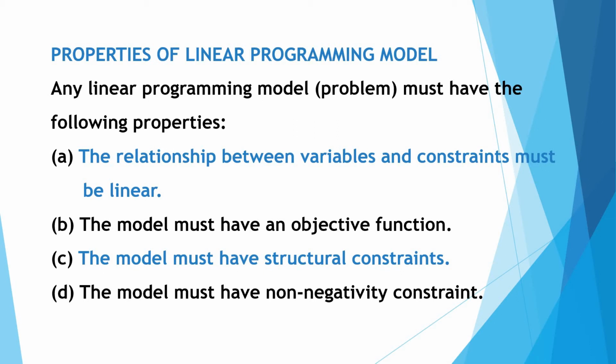First one, the relationship between variables and constraints must be linear. And that topic itself says linear programming. The model must have an objective function. The model must have structural constraints, and the model must have non-negative decision variables.